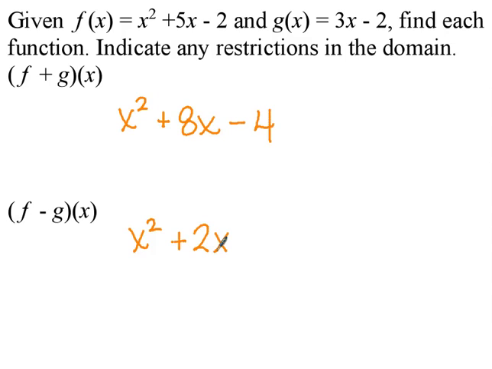Okay, what happens is your 2's should drop off. So just x squared plus 2x, and then your 2's end up canceling out. Because you have x squared plus 5x minus 2, and you subtract the quantity 3x minus 2. So what ends up happening is you distribute that negative here and here.